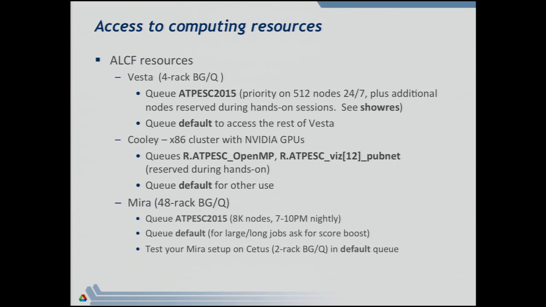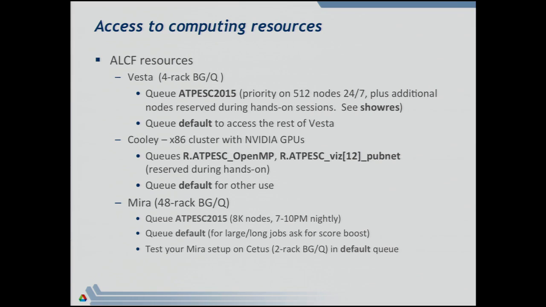You can submit to the queue at ATPESC 2015, and for most of the time there aren't actually reserved nodes assigned for the class, but your jobs will get priority over normal users' jobs in the system.